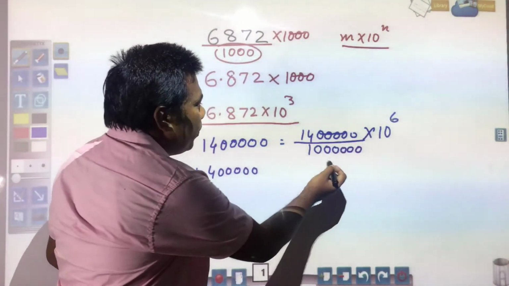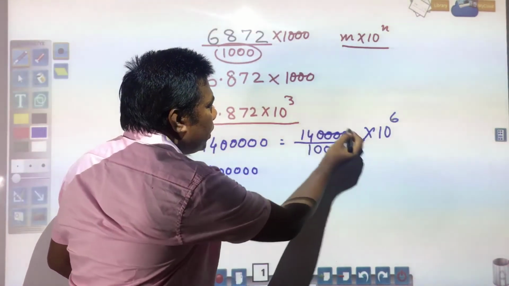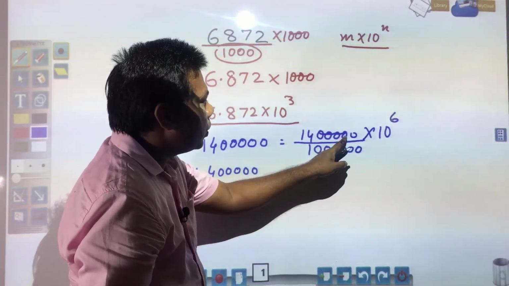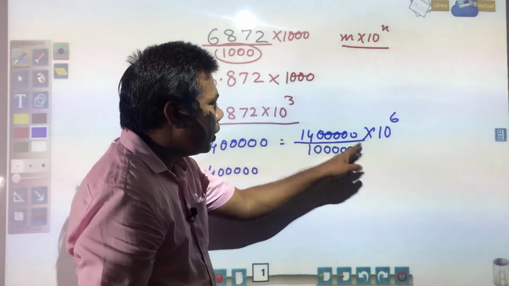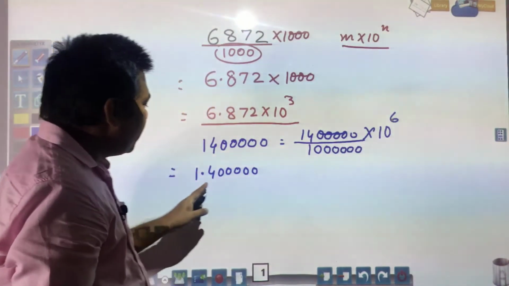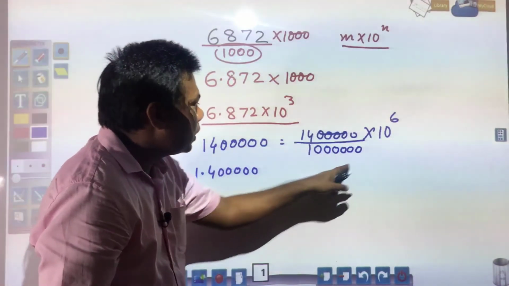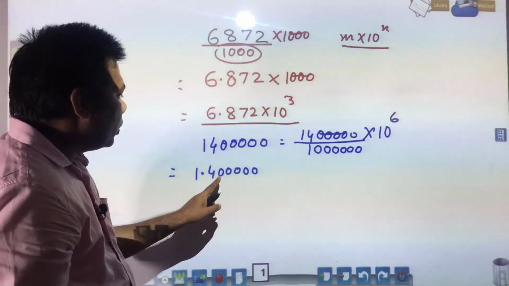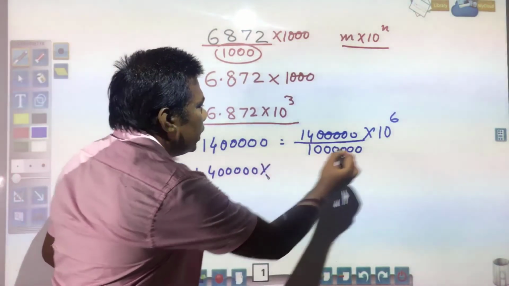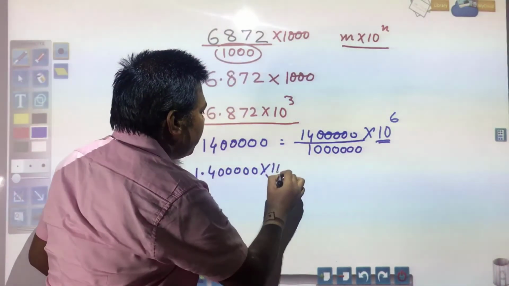Now, if you are converting this into decimal, you have written 1.400000, and here this is remaining 10 to the power 6.